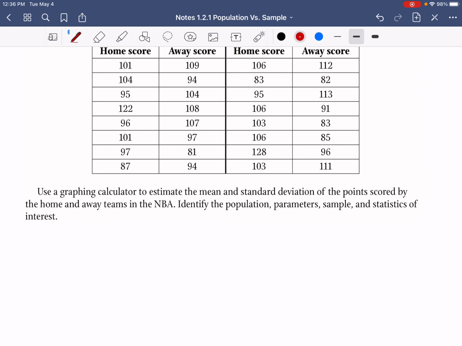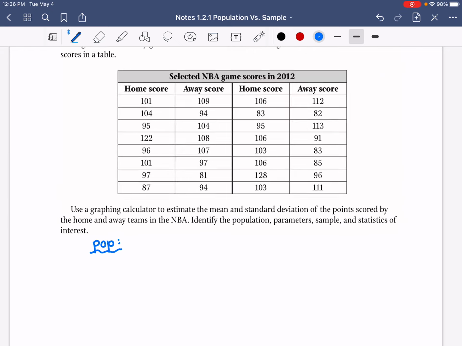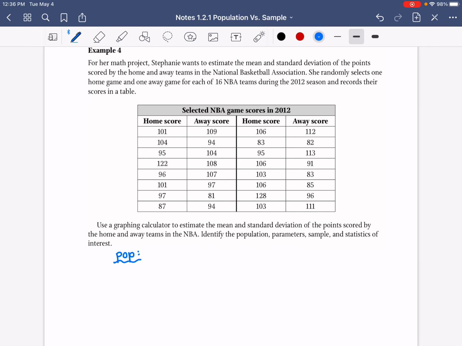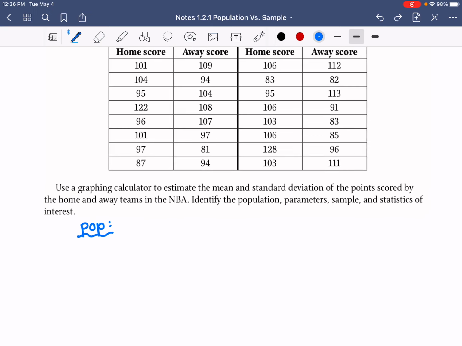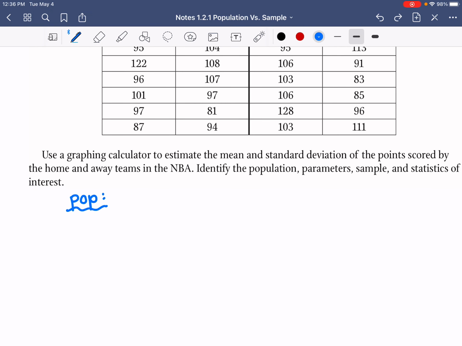Okay, so first I'm just going to do this part, and then we'll go through and talk about finding the mean and standard deviation using a graphing calculator. All right, so first we want the population. So think big, population, thinking big. These are all of the teams, right? We want all of the teams, and we want all of the home and away scores.